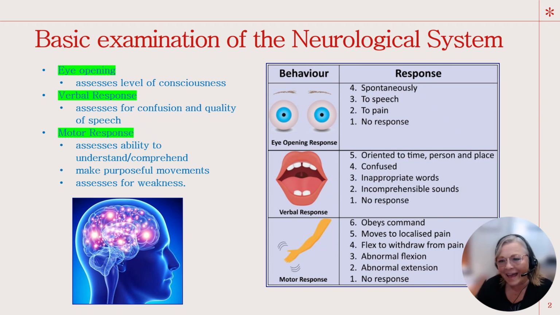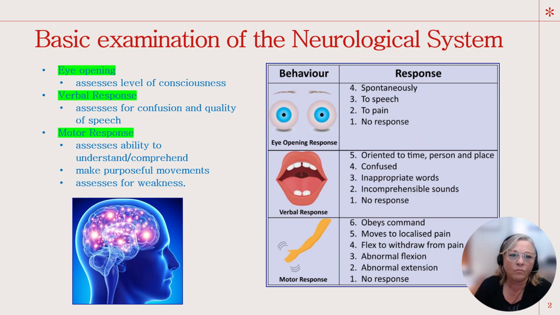And then the last assessment we're going to do in our basic exam of the neurosystem is motor response. Motor response is doing a couple of things. It is assessing a little bit the musculoskeletal system, but how the brain is talking to the musculoskeletal system in order to move. And we're doing extremity assessments when we do this.